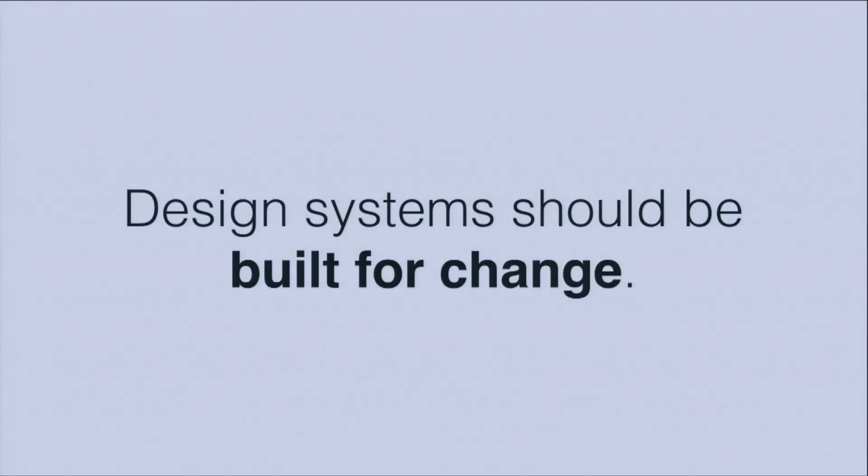So I really believe that you can start with systems, because systems should be built for change. Your product is always going to be evolving, and someone's going to decide this brand isn't right and we need these new colors over here.